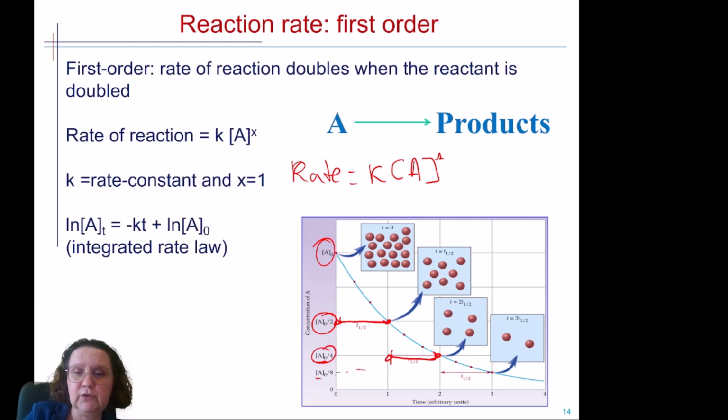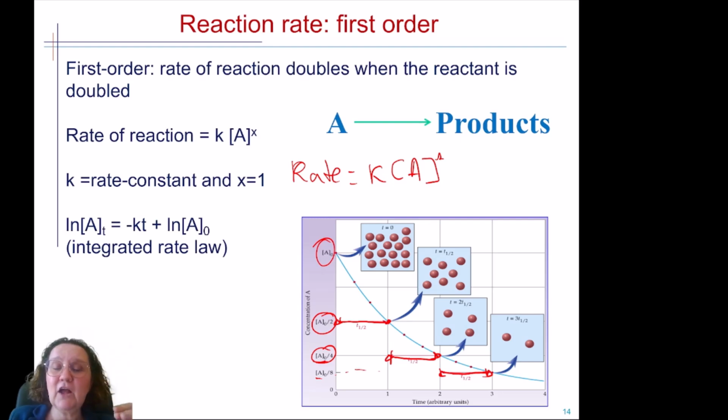Well, you reach this point, and if you look at those 3 t1/2, those times in which the amount of reagent has halved, they are the same. It takes the same amount of time to halve the amount of reagent you have in the reaction.